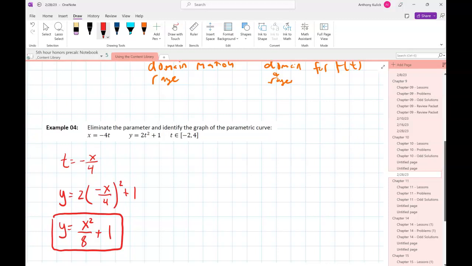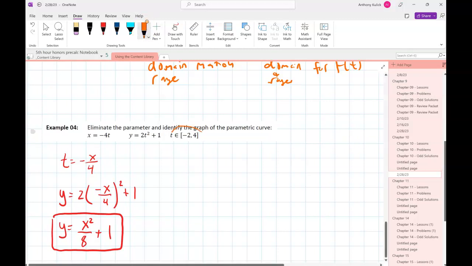Sheepishly. Now, what we have to be careful about here, though, is that if I were to ask you just the domain of that quadratic, you would tell me all real numbers, right? The domain for any polynomial is all real numbers. That's not the case here, though, because the domain for this quadratic has to match the domain for the parametric that we started with.